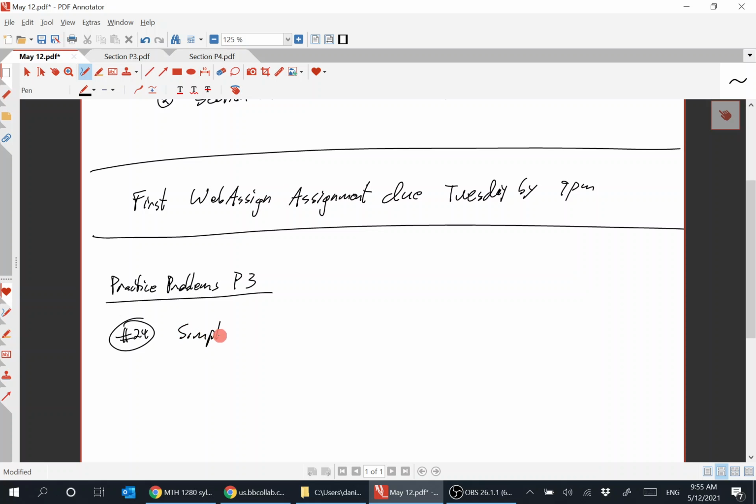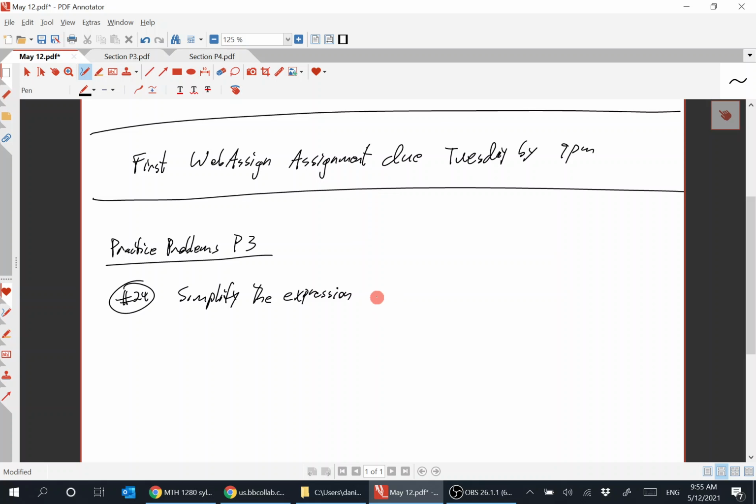Simplify the expression. In this case, simplify means combine identical factors and eliminate negative exponents. Not that that's always the right thing to do, but here that's what they're asking you to do.